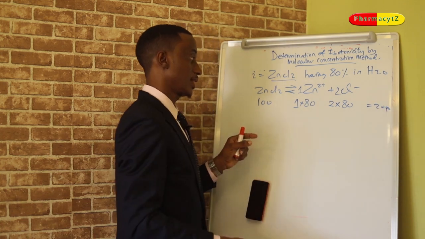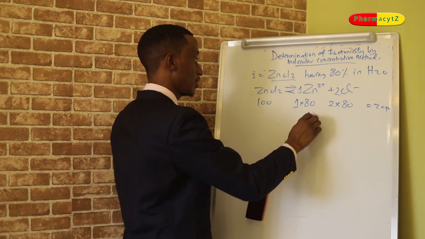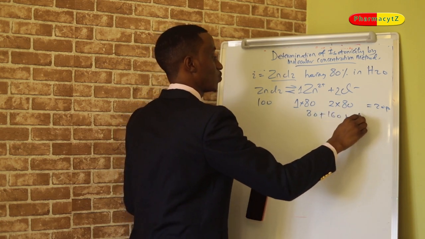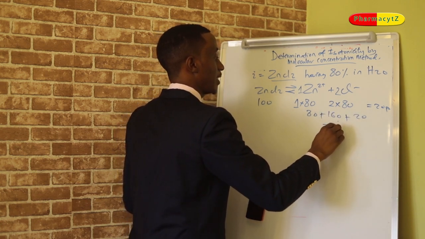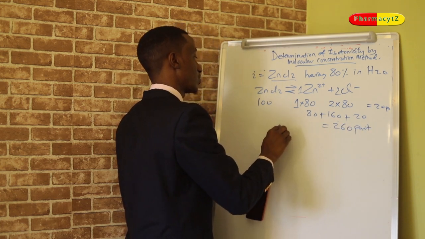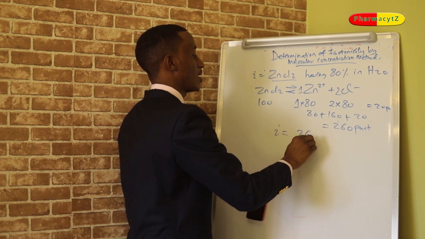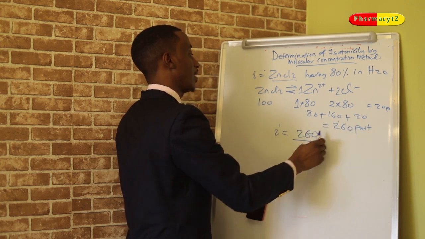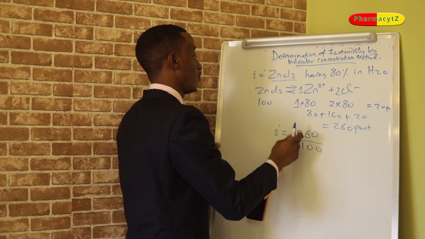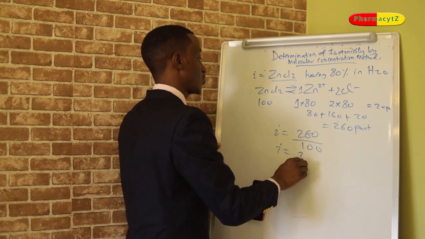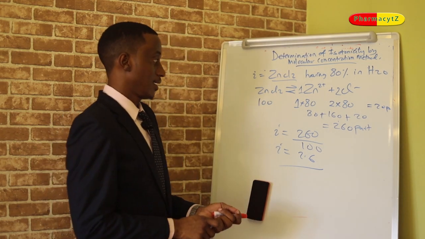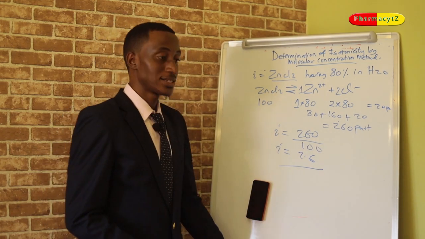So total particles after reaction, we have 80 plus 160 plus 20, making a total of 260 particles after reaction. The dissociation factor is the ratio of the total number of particles after reaction to the total number of particles before reaction. This gives us 2.6, and that is the dissociation factor. Okay, let's move to the other concept.